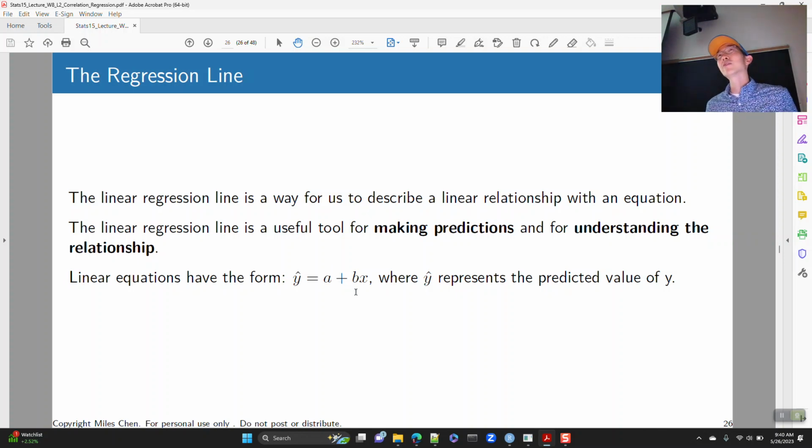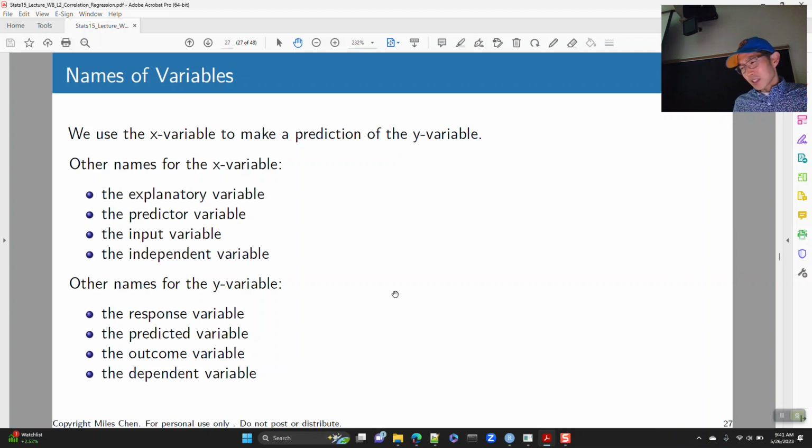I think in algebra 1 you had m for the slope and b for the intercept, mx plus b or something. Sorry, we're using different letters here. But you have an intercept and then you have a slope term. If you pick up another textbook or you go online and look up how to do linear regression, they're always going to be talking about the y variable and the x variable, but they have all kinds of names for these things.